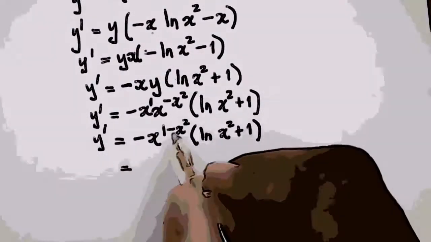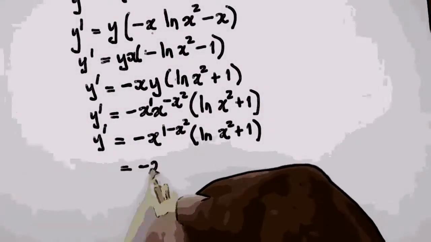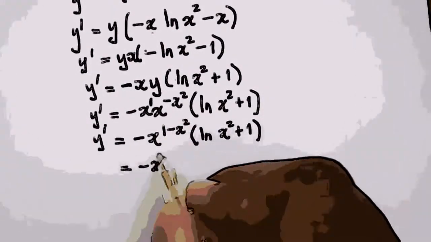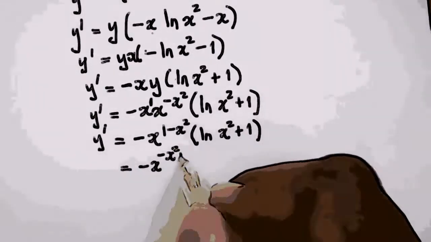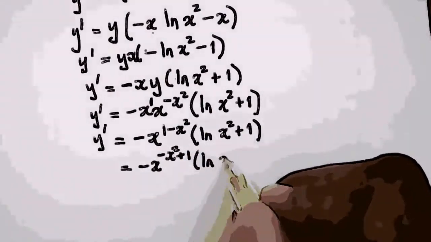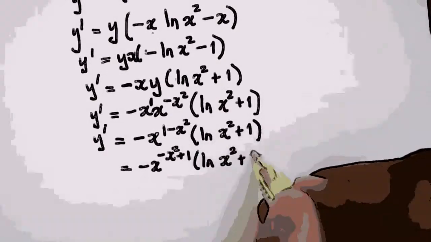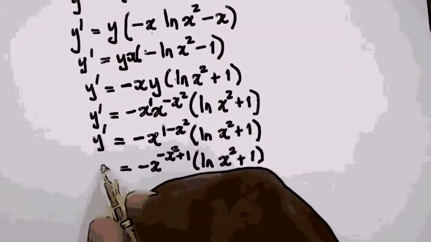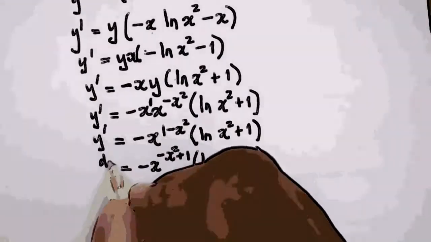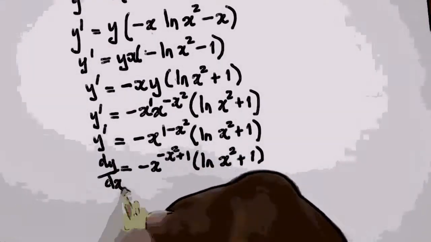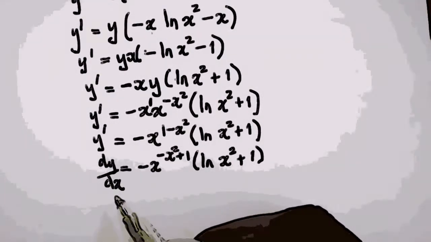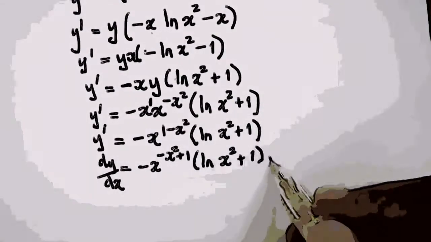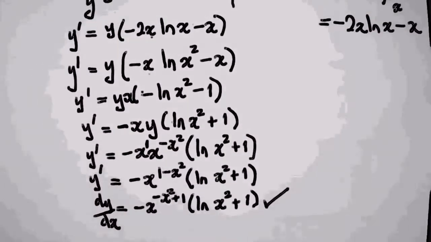In the end, we can also rewrite this by letting the minus x squared come before the 1. But remember, the 1 is positive, so it will be minus x squared plus 1, and then we remain with our ln x squared plus 1. And therefore, this is our dy dx. If we don't want to write y prime, we can also write dy dx. And this is pretty much the answer. So there you go. Very simple.